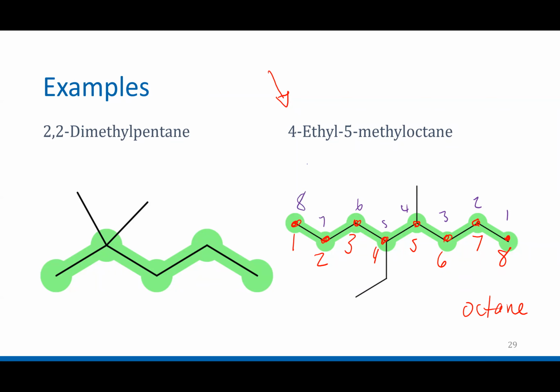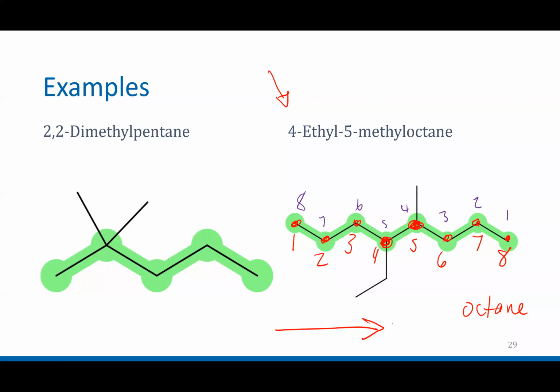So my goal here is to get the smallest numbers possible, okay? Notice, guys, no matter what I do, let me change my color. I wish I was in person. This is a lot easier in person. If I was going left to right, my first group is on the 4th, my second group is on the 5th.